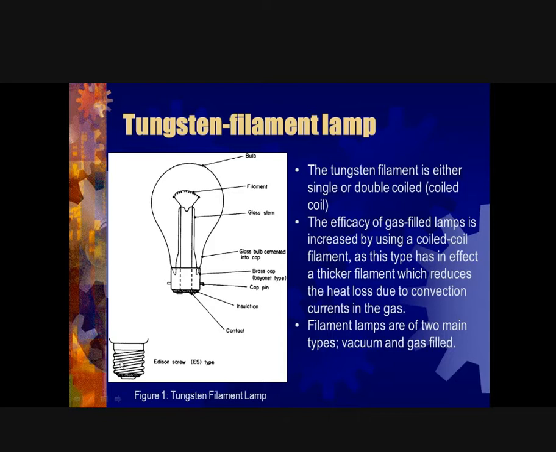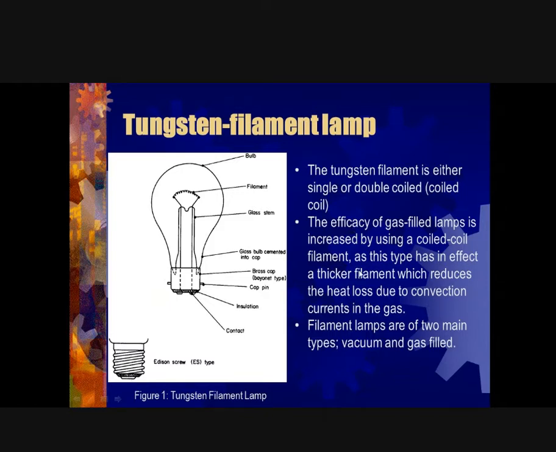So for instance, in the Edison screw type, you have one end of the filament coming directly to the contact at the bottom of the lamp, the screw type, right? And then one coming to the tin where the screw threading is, to denote your neutral leg, and your positive leg or live leg would be connected to your contact.